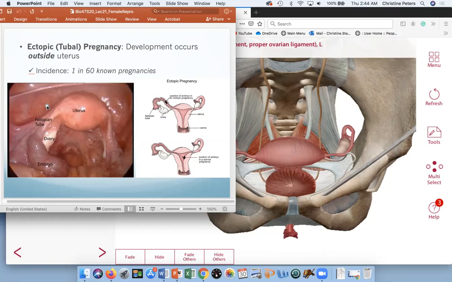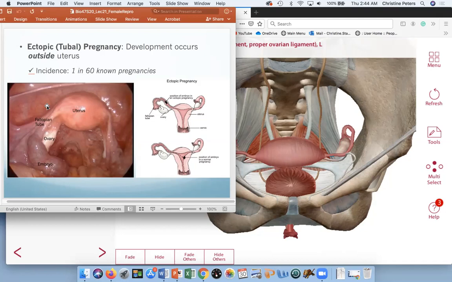But if the oocyte is fertilized and you have to rely on the cilia to move and the peristalsis to help guide, sometimes a minor block can be quite an obstruction for a fertilized egg, and they may get lodged within the fallopian tube and then start to develop there.